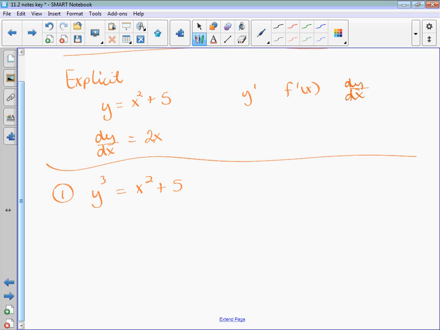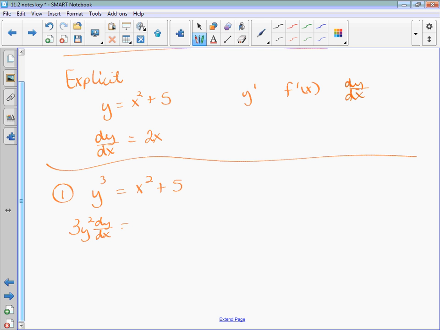All right, so clearly this looks a little different than what we've been doing, right? Our y is cubed. So the way you start this, use your power rule just like you normally would. So y cubed, what do you think the derivative of that would be? 3y squared, okay? Because we're looking at dy dx, like we're taking the derivative of y with respect to x, anytime you're doing the derivative of y, you will also have times dy dx.